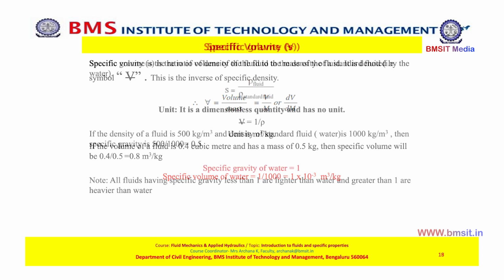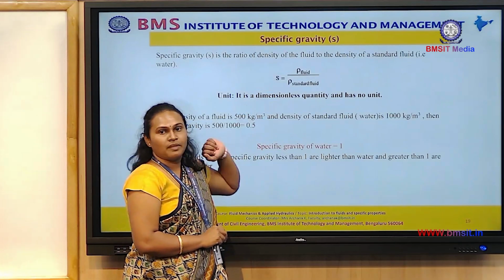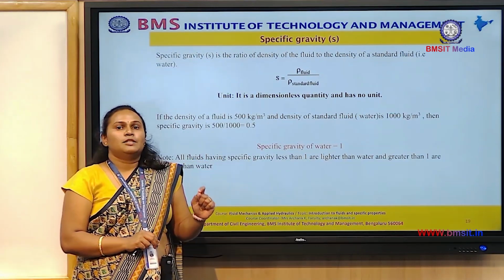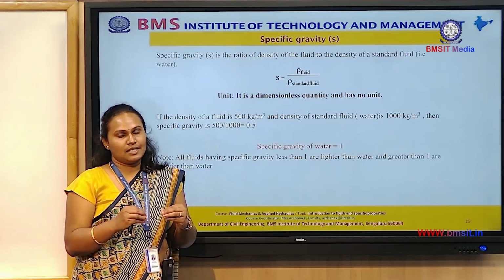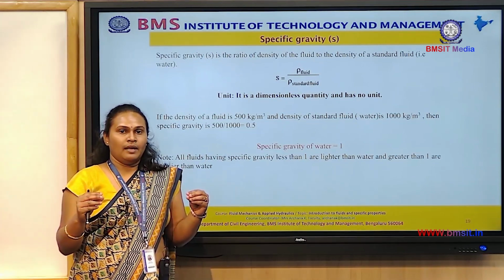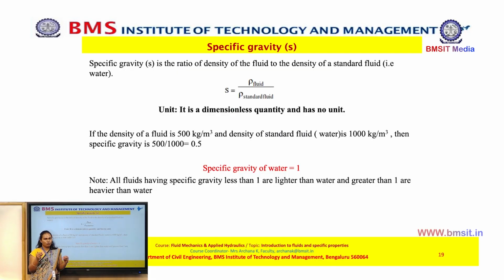The last specific property is specific gravity, which is given by the symbol S. It is the ratio of specific density of any fluid to the specific density of a reference fluid. As I already have told you, the reference fluid is nothing but water.